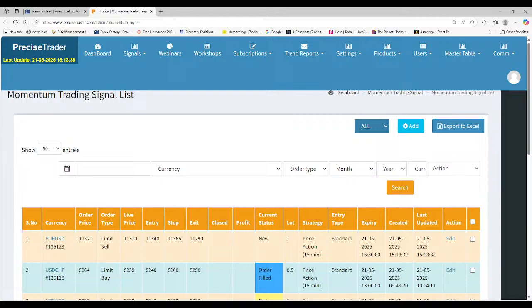I'm trying to sell. This is one lot at 1.1340, stop 65, TP 112.80, 85.